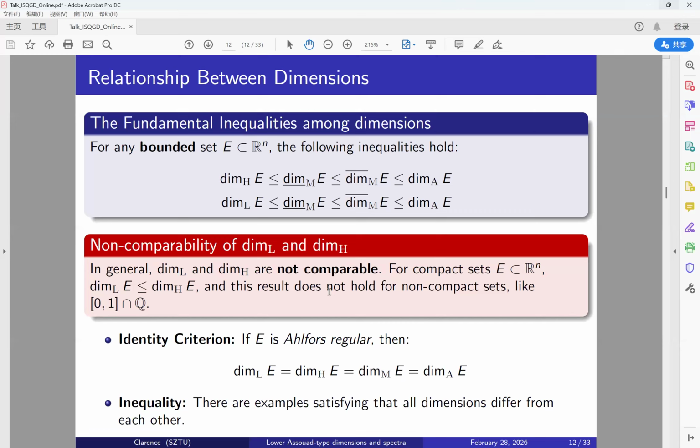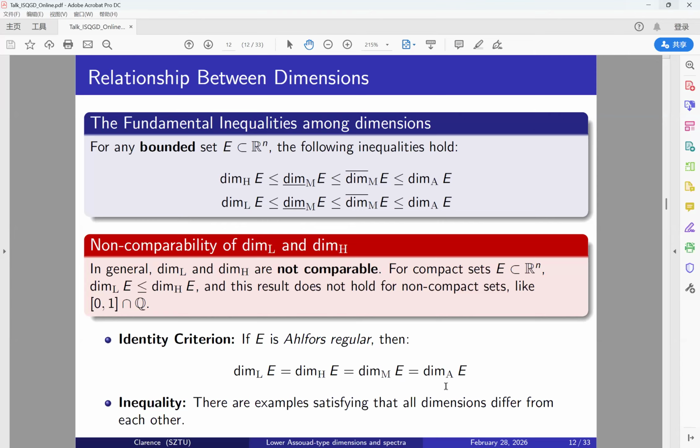There also exist examples such that all the dimensions differ from each other, for example the homogeneous Moran sets or homogeneous Cantor sets. So the dimensions do not always coincide, and sometimes they will. If the set is alpha-regular, they coincide, but if the set is not so homogeneous like the alpha-regular set, the dimensions will all differ from each other.